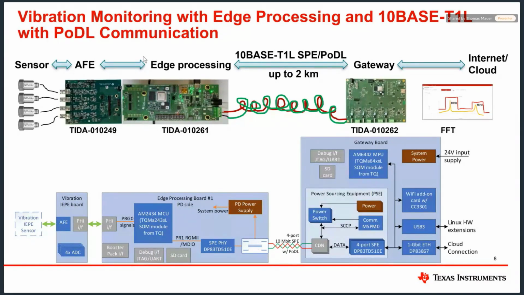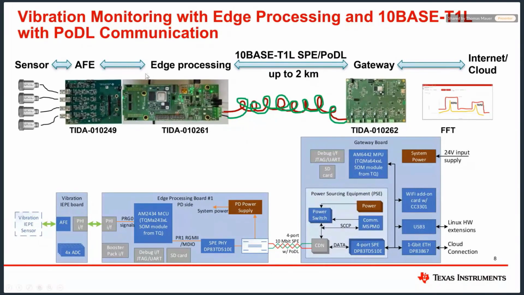The system consists of a sensor over here. In this demo system, we can connect up to 4 sensors. We have then an analog front end, which is this device, and the analog front end is directly connected to the edge processing board, which is over here.